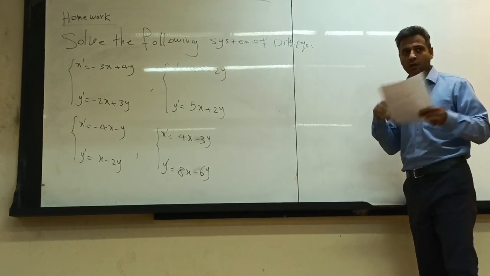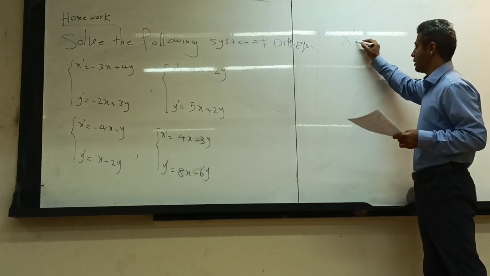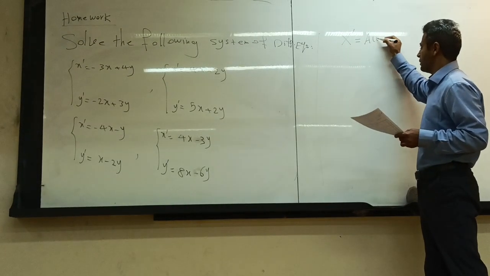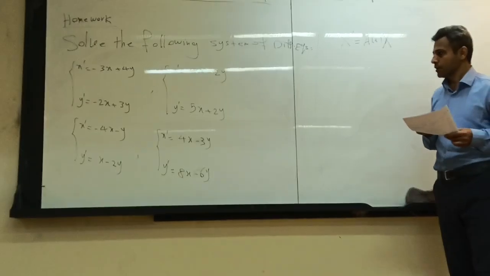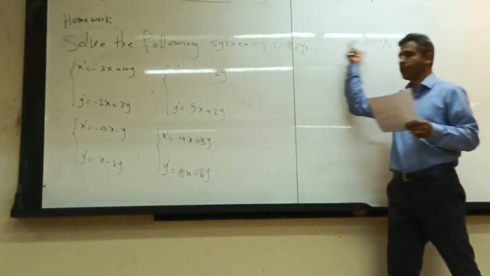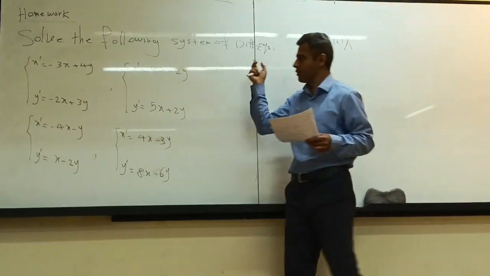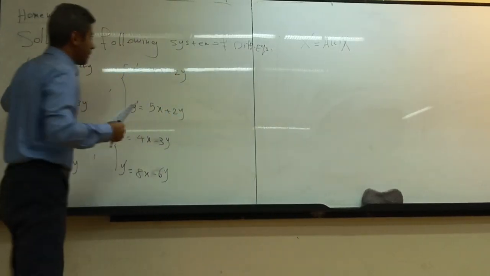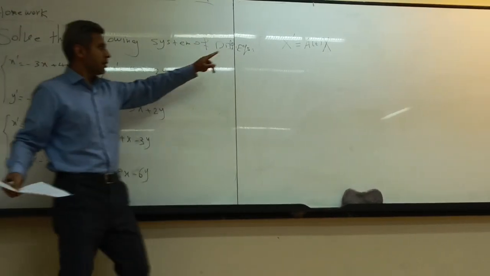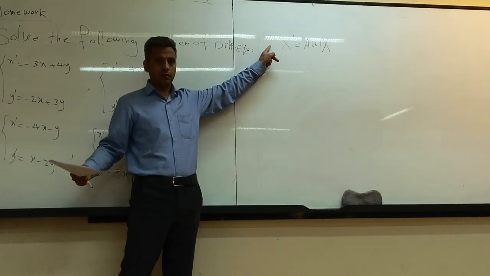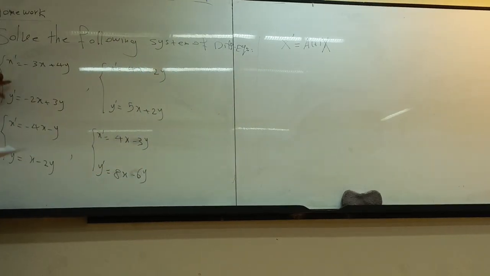In general, we speak about this system. X prime equal A(t)X. The system is in this form, where A is, for example, here, and X is capital X, which is xy.